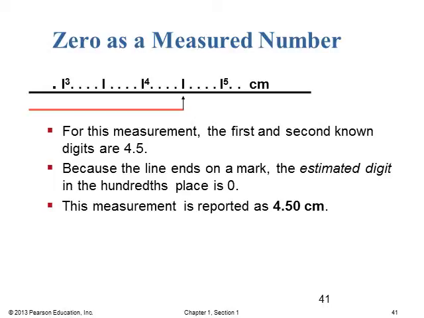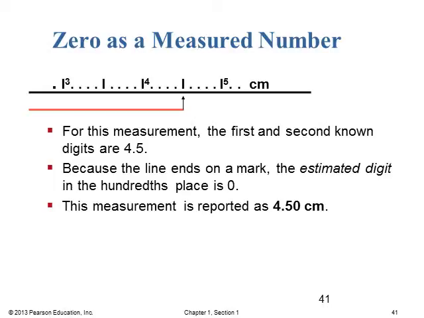Again, we have a very similar scenario. We have another red line, reaching up to the 4.5 centimeter mark on the measuring tool. Looking at that red line, it looks as if it ends exactly at the 4.5 centimeter mark.